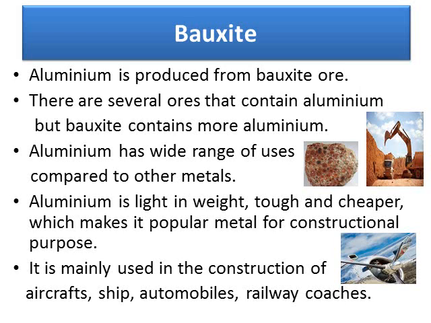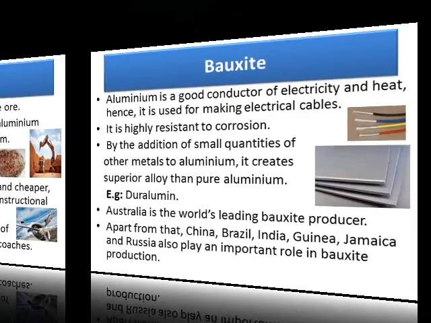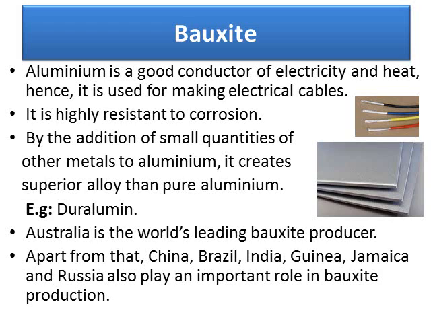It can be used in the construction of aircrafts, ships, automobiles and railway coaches. Aluminium is a good conductor of electricity and heat. Hence, it is used for making electrical cables. Aluminium is highly resistant to corrosion, that is, it is not easily corroded.